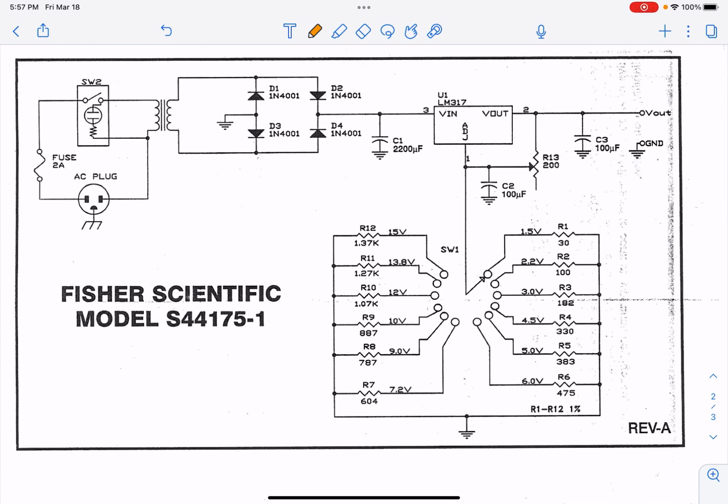Now, if you remember the blue box that you used as a power supply for the lab where you charged up and discharged a capacitor, or you may be doing this lab. In any case, this blue box allows you to turn a knob clockwise or counterclockwise to select the voltage that you want.